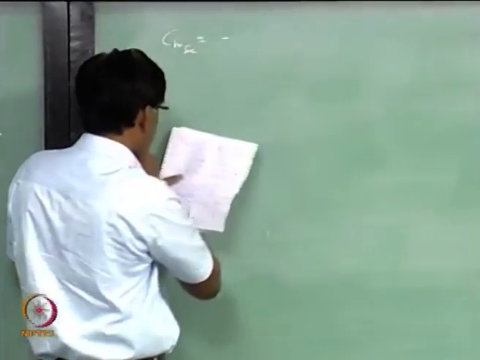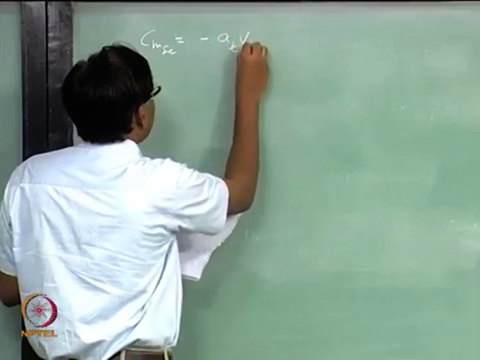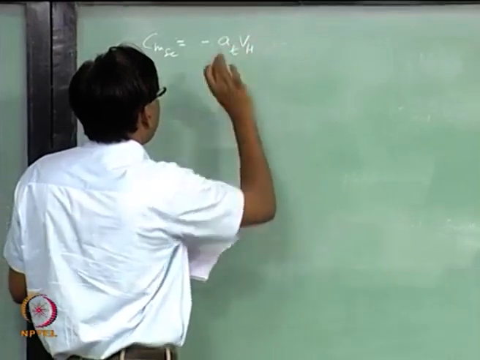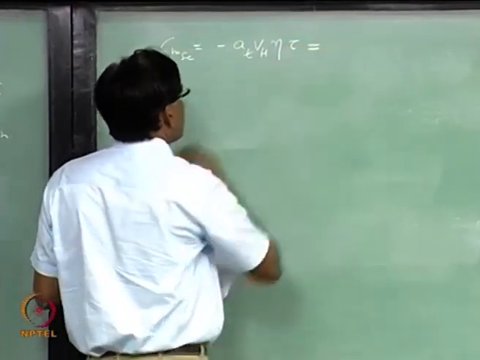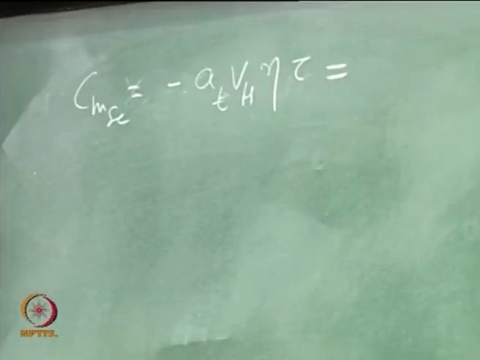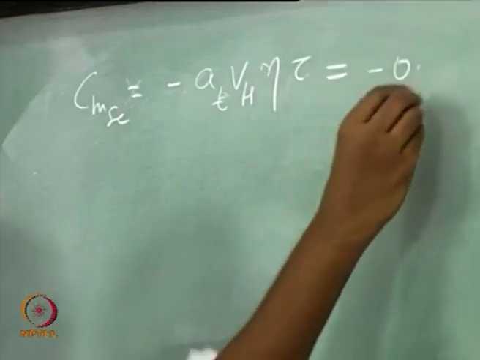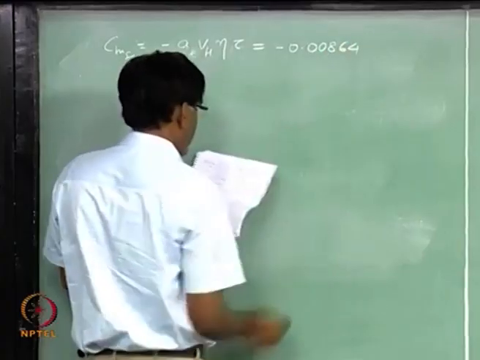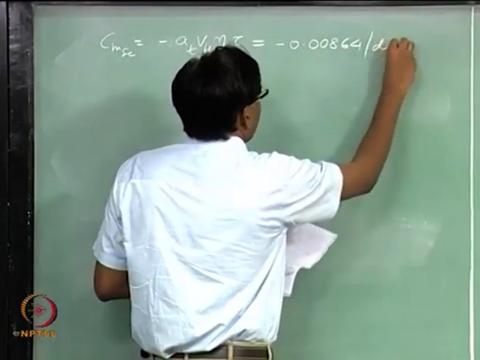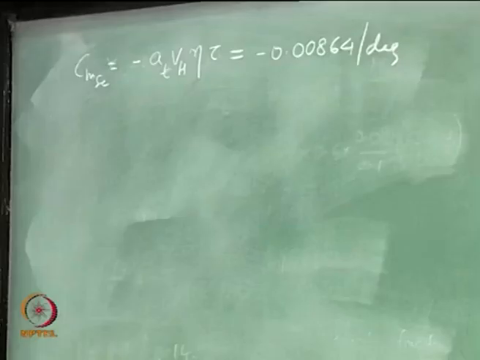So, if you remember, Cm delta E is this. So, everything you know here, so you can find out the number.